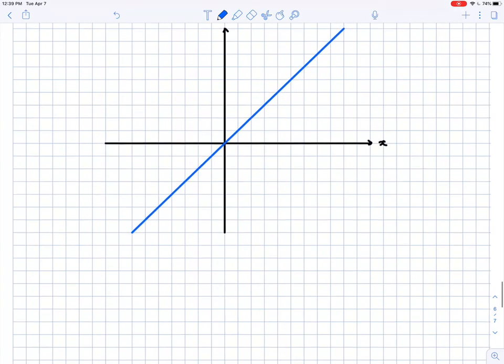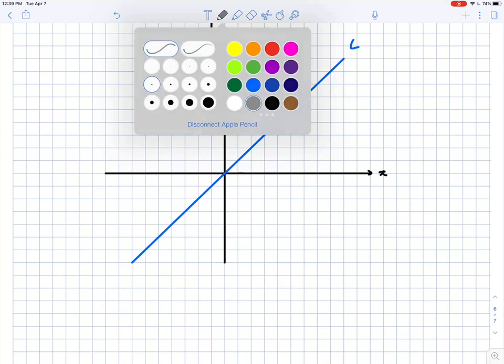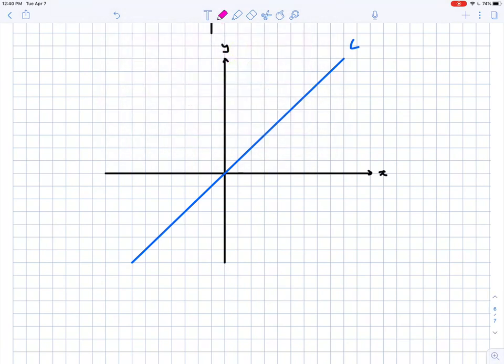So take this line. It's a really nice line, going up at about 45 degrees. So let me call this line L. Okay. So let's take a point P. Choose anything really. Let's choose P is 6, 2. So 1, 2, 3, 4, 5, 6. So 6, 2, that position there.